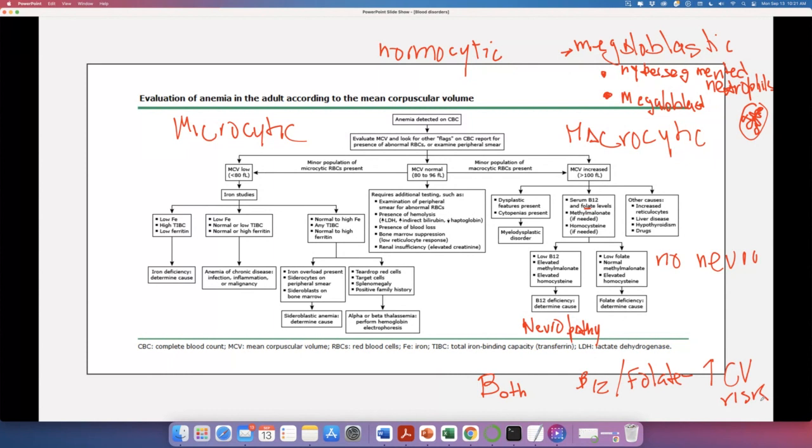And then I know, and you should know, that elevated homocysteine is a marker for cardiovascular risk. So I associate the B12 and the folate with cardiovascular risk, and they both have elevated homocysteine, and that's the way it is organized in my long-term memory.